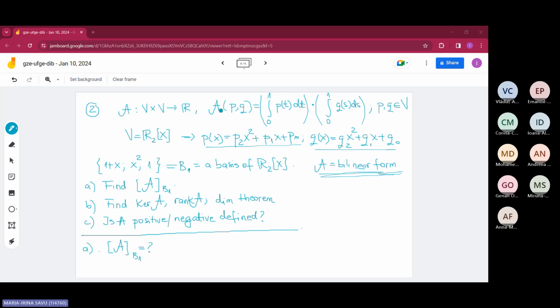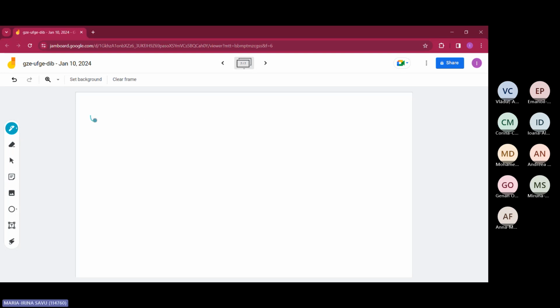Have you found the formula of A? Yes. Okay, let's see. So A of P2 x squared plus P1 x plus P0 and Q2 x squared plus Q1 x plus Q0 is the integral from 0 to 1 of this one.